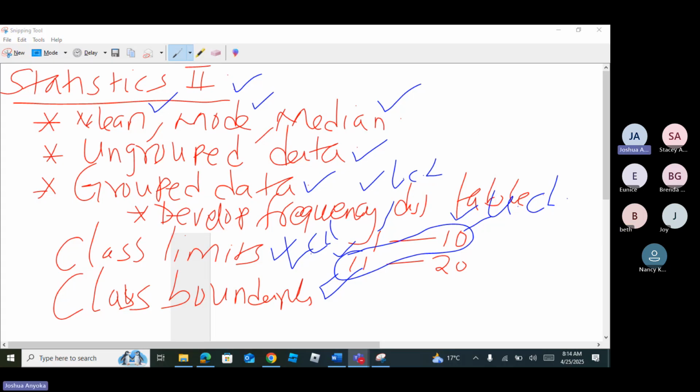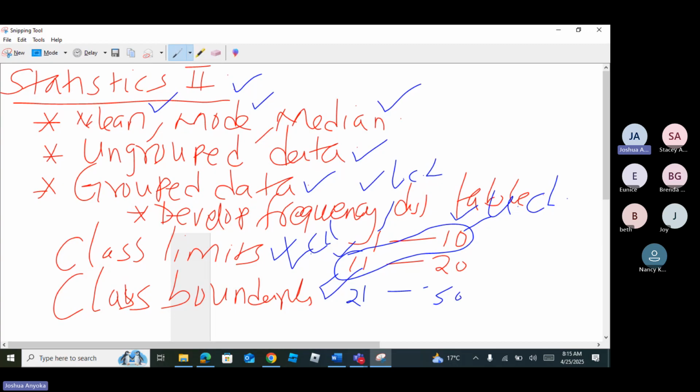These are class limits. Now, 1 is the lower class limit of the first class, 10 is the upper class limit of the first class. Second class 11 to, now the third class definitely would be 21 to 30.